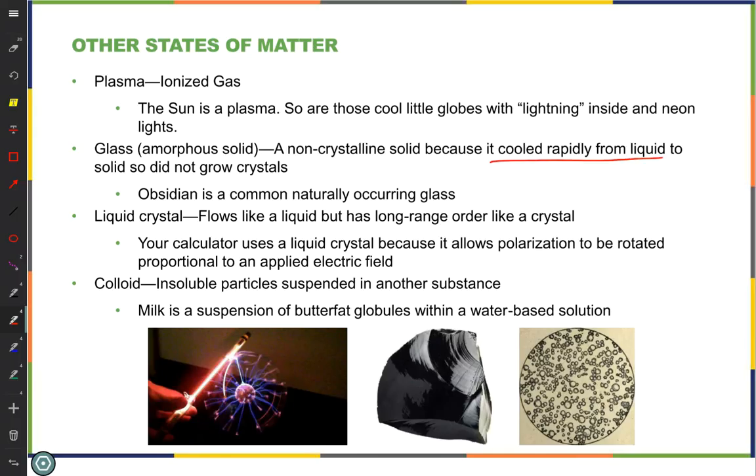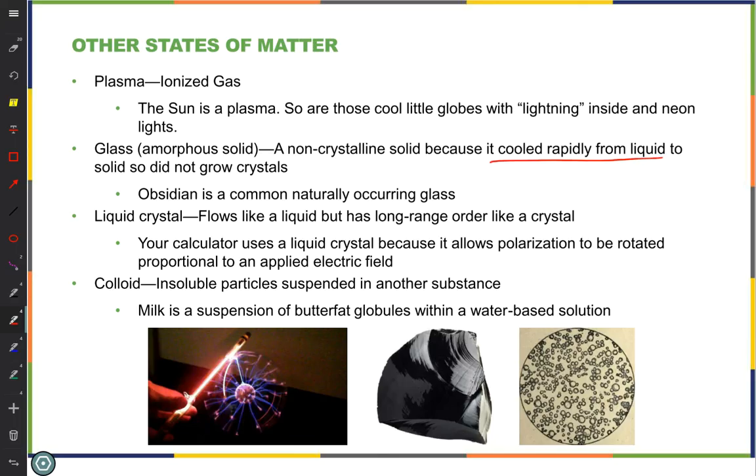And because it has that long-range order, it has a crystalline nature, hence liquid crystal. The liquid crystals they use here, you can change the polarization of light by putting a voltage across it. So they can use it as a light switch by putting different voltages. And so that's why you turn on and off the display by just putting different voltages across that liquid crystal.